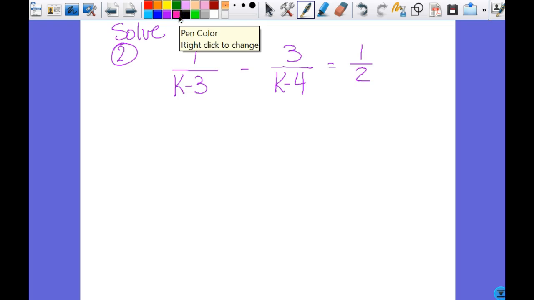So that means I'm going to multiply each one of them, and just for the sake of an example, I'm going to write it all out.